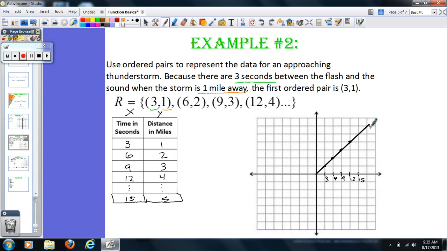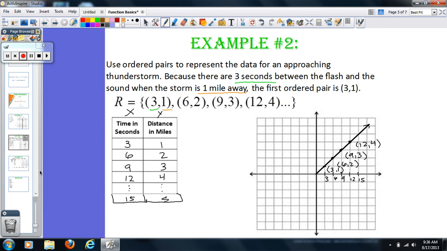Like we said, I could have 300 seconds between the flash and the sound, and that would mean it's 100 miles away. So this is going to continue. Now, one thing I want you to get used to is labeling your points. So this would be 12.4. This would be 9.3. This one would be 6.2, and this would be 3.1. Okay?